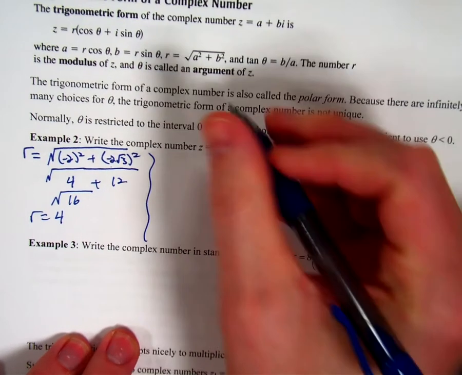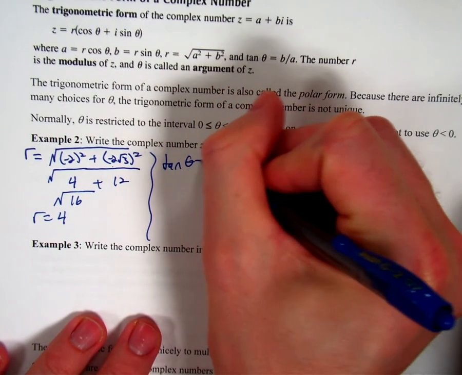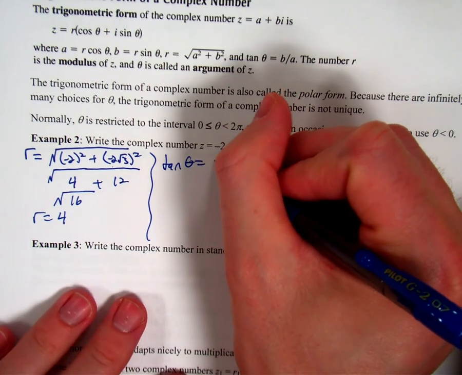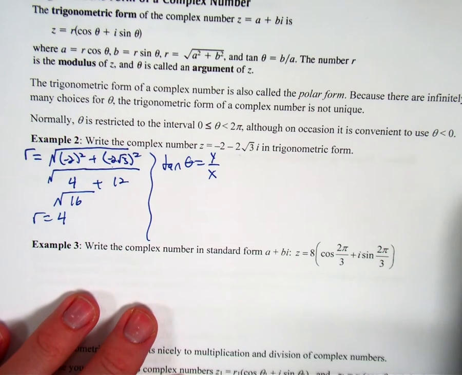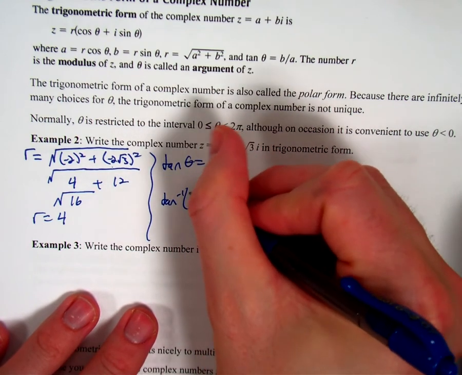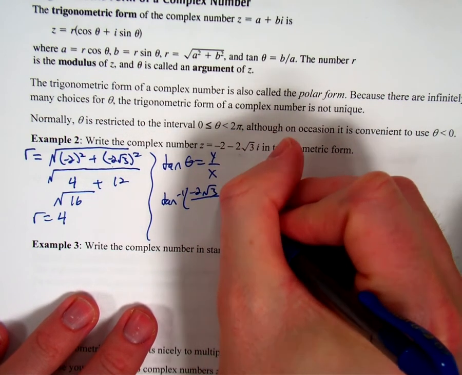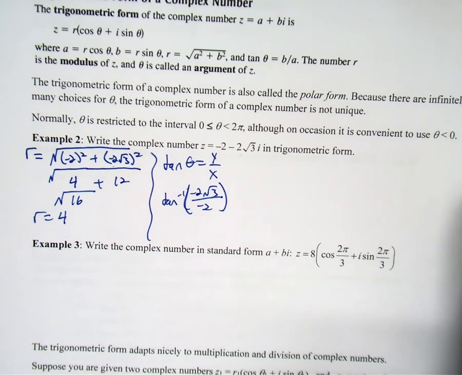Tangent works out well for this because tangent theta equals sine over cosine, or your vertical over your horizontal. So we're going to do tan inverse of negative 2 radical 3 over negative 2. You're probably going to have to use some parentheses when typing this in.